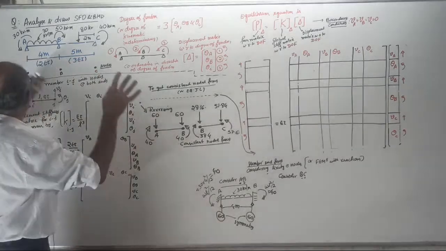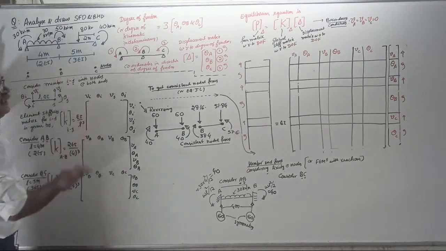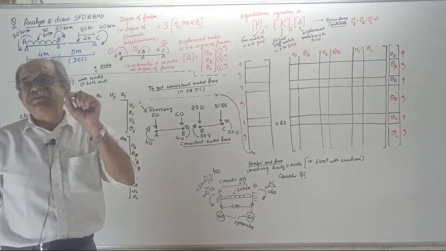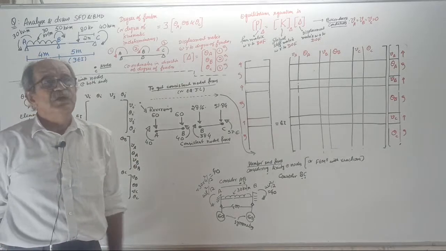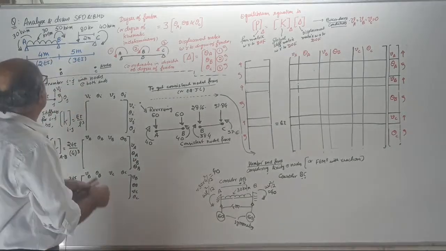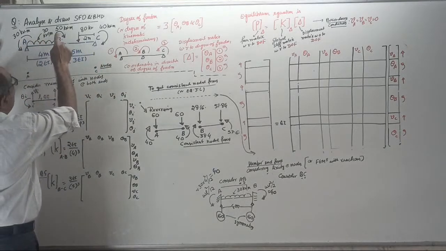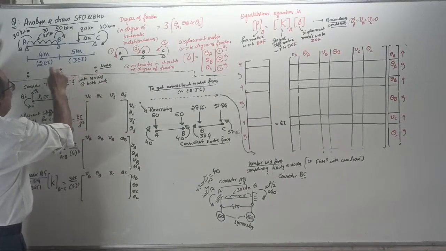Okay, see, now, first step, I am not writing here, space is not there. You should write the first statement. Location of nodes. I told in earlier classes, nodes to be considered at supports. So, write, consider nodes at A, B and C. See, dot means nodes.